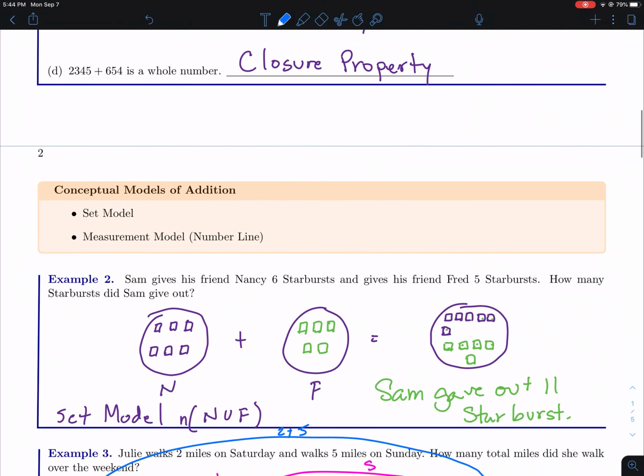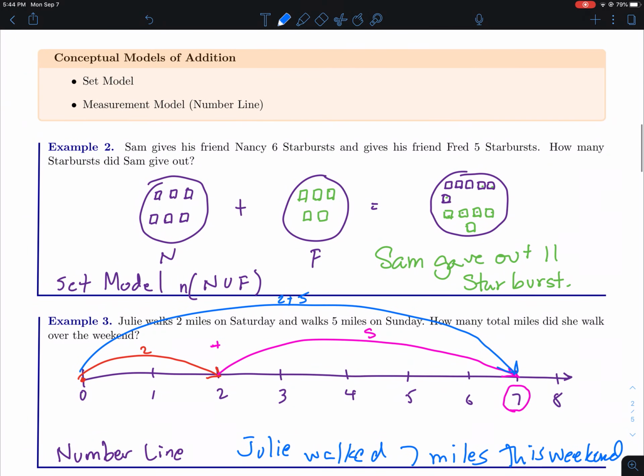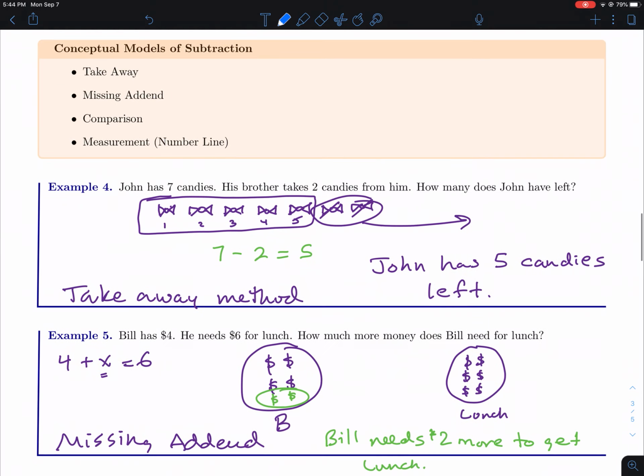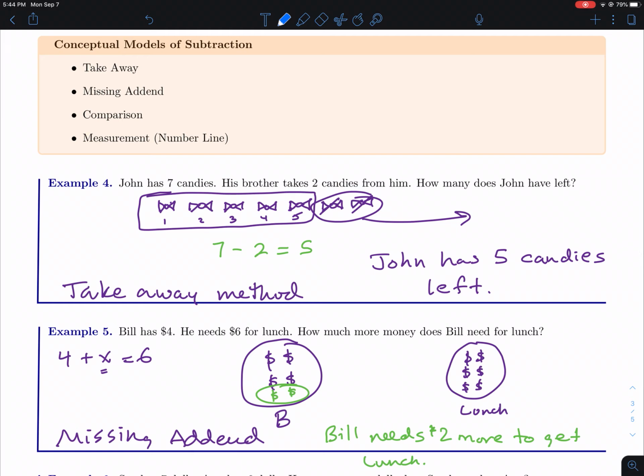So again, just to summarize, for addition, we had our set model, which is to draw a big picture with circles around them. Think of them as sets. Example 3, we had our number line, just a regular old number line. Example 4 was again a set model where we took some stuff away.